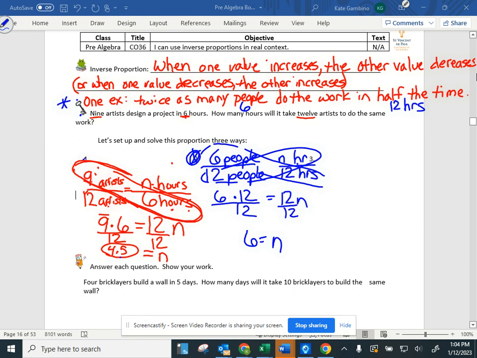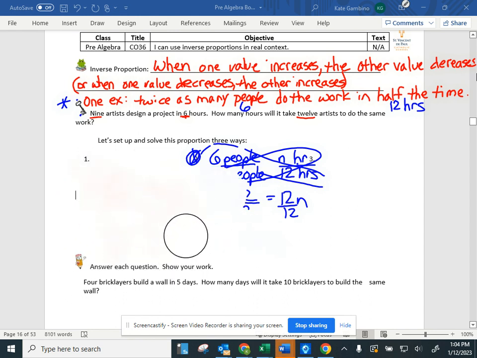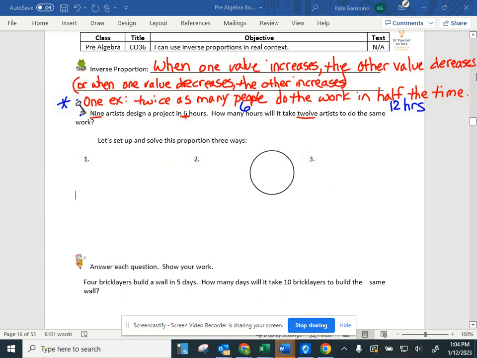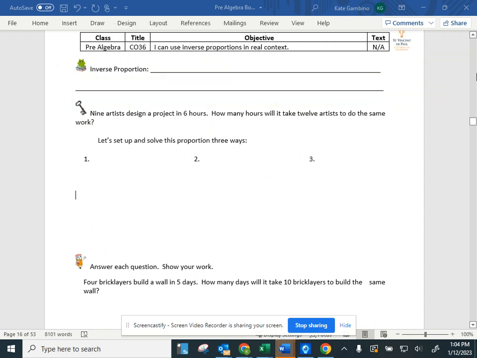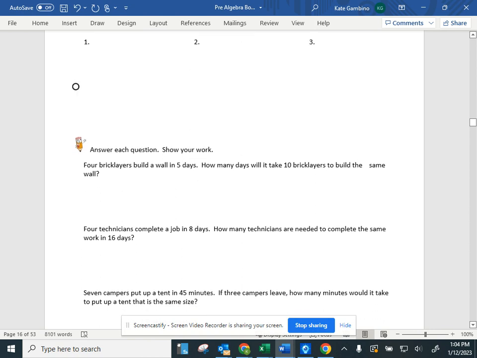What I want us to do before I do number 3, we're going to do our first work problem together. So I need to scroll up because I want us to have practice doing it this way. Before I show you the third way, we're going to do another example this way. Okay?